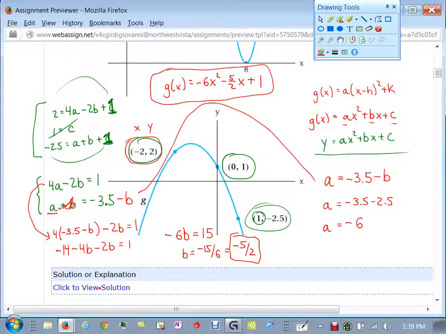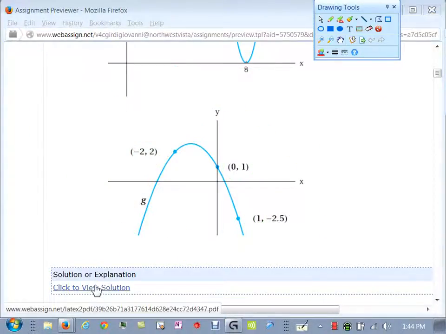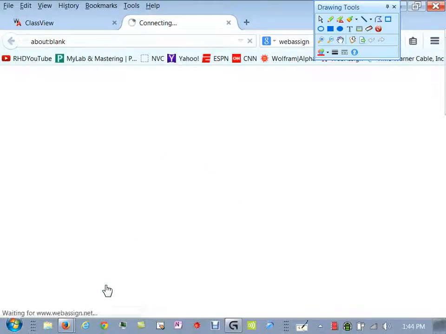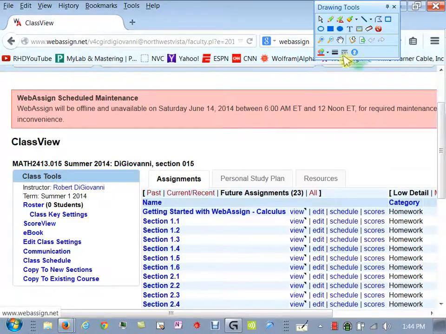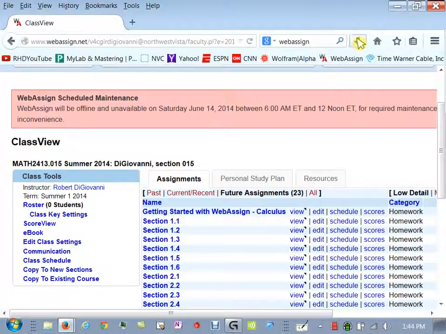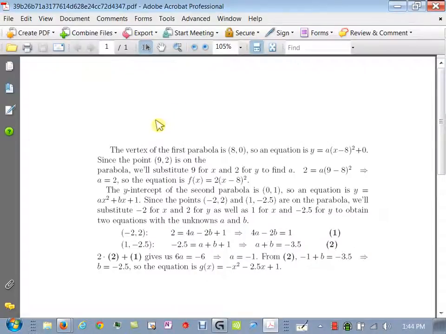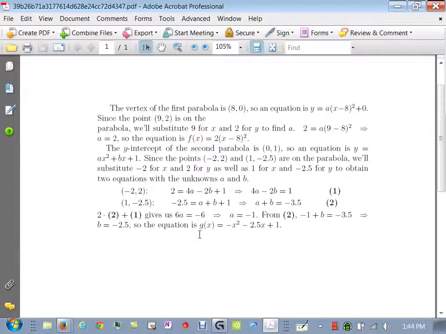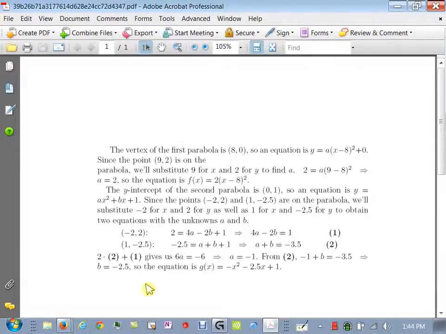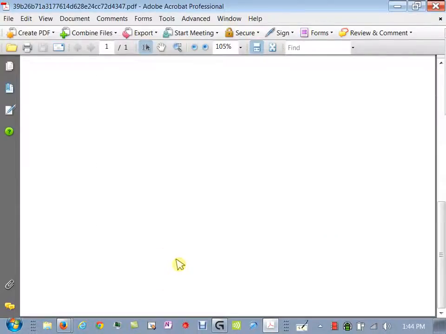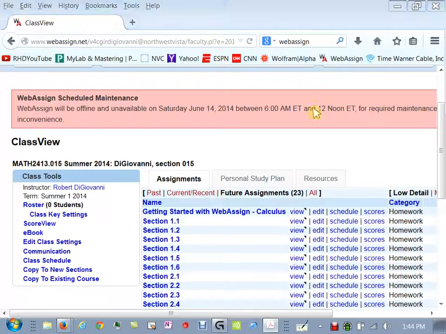Now let's see if their solution worked the same way, if they did it the same way. They may have used elimination instead of substitution. Let's see. Nope. We have an issue.